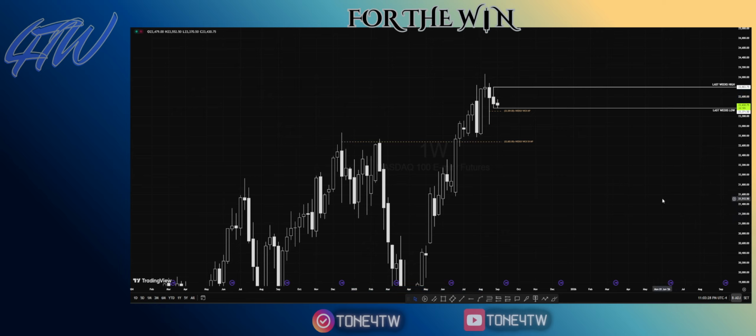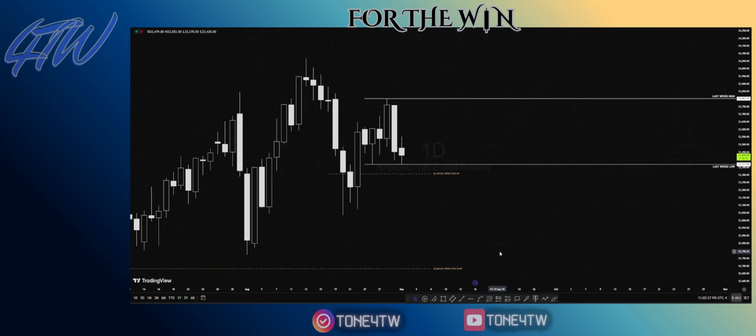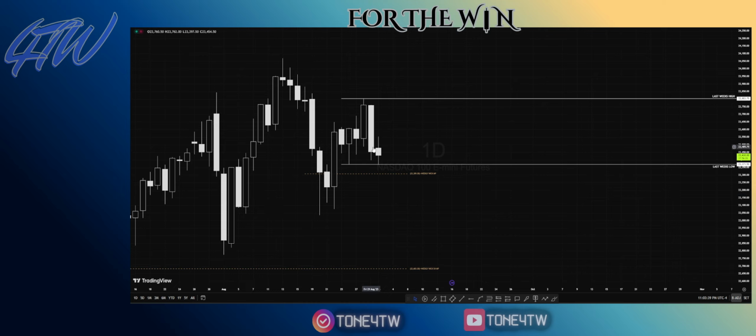So now that I have that, let's go down to a daily. With the daily, we see that last week was pretty much all this consolidation besides that initial push up Friday, and then we had this consolidation back and forth, kind of broke out of it and came back into it.